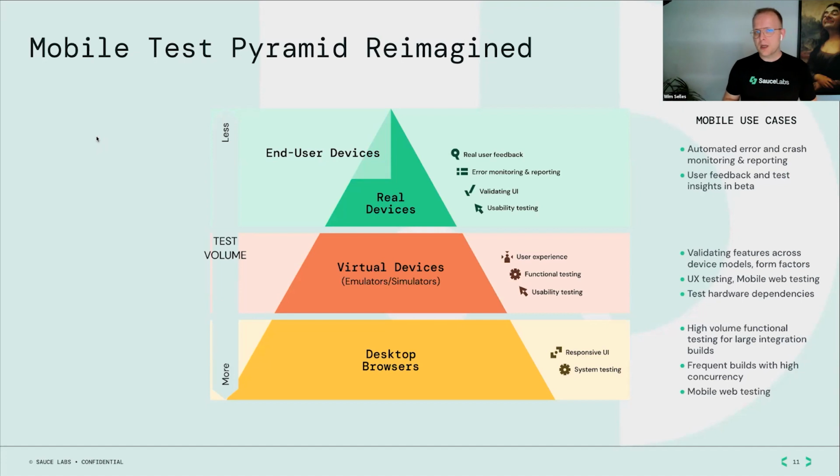What you would also see here is that there's an end user added to the top of the pyramid. And what we mean by that is that this is also the layer where you could use, for example, beta testing, where you can get more feedback from production, or you can get feedback pre-production. Before you release your apps to the store, you can think about having a beta program where people will give you feedback on how your application is responding.